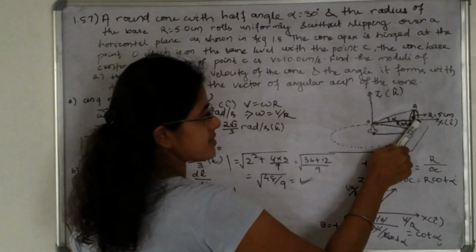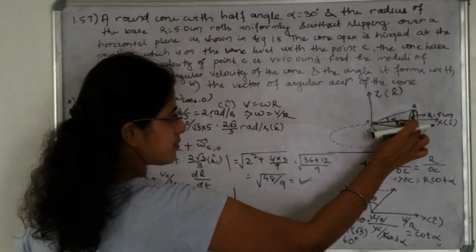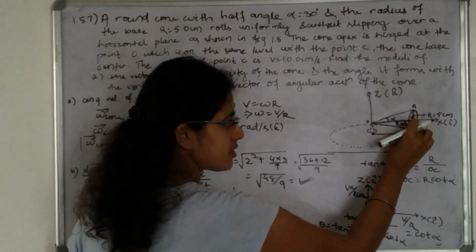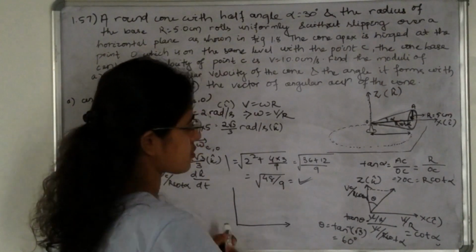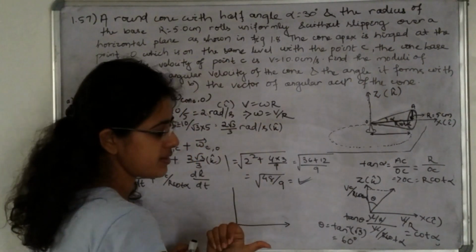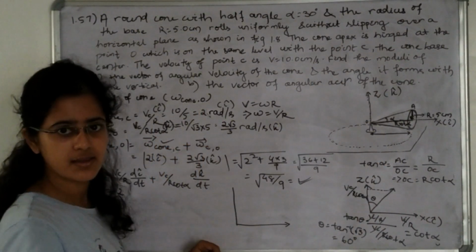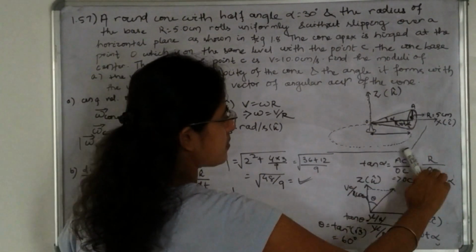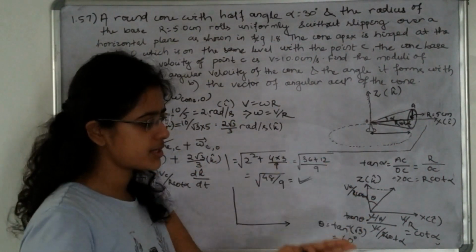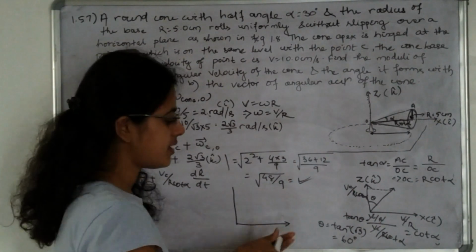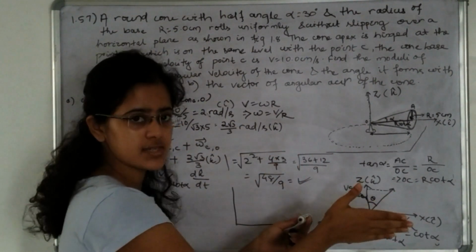So if you take this angular velocity of the cone with respect to center C, then for the person who is placed on the center, this cone is rotating in the yz plane along the x-axis. In this instant, you can see, if you take the angular velocity of the cone whose axis direction is along the x-axis and rotating like this, then this is the y-axis, this is the z-axis and this is the x-axis.